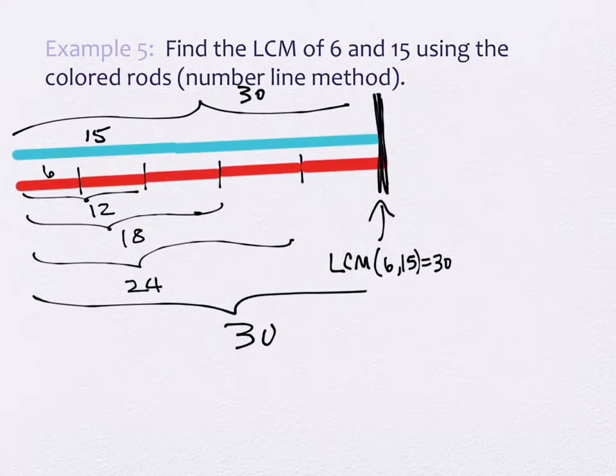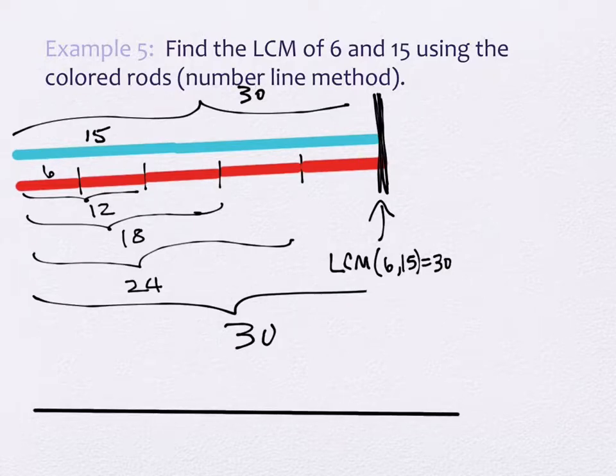Trying to move it, and I didn't really want it tilted, but oh well. All right, so draw yourself a number line. And of course, it starts at 0. And if you were doing an actual number line where they were all numbered out, that would be great. I don't want to draw hash marks for 30 hash marks particularly, so I'm just going to mark mine on the 6s.